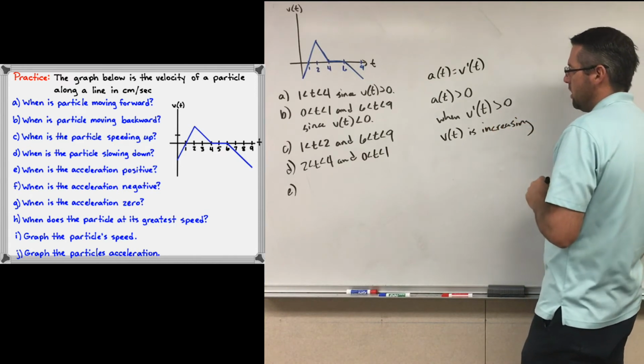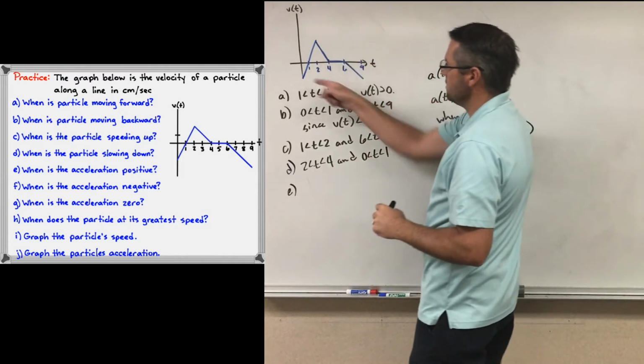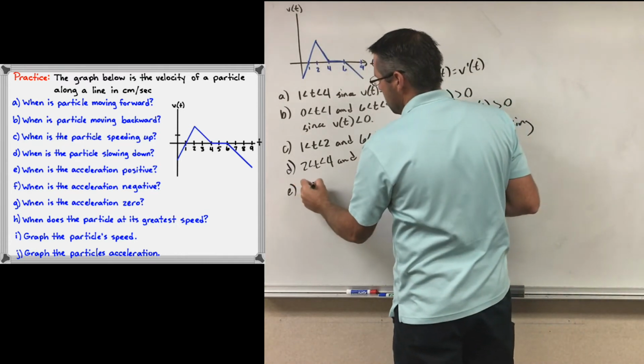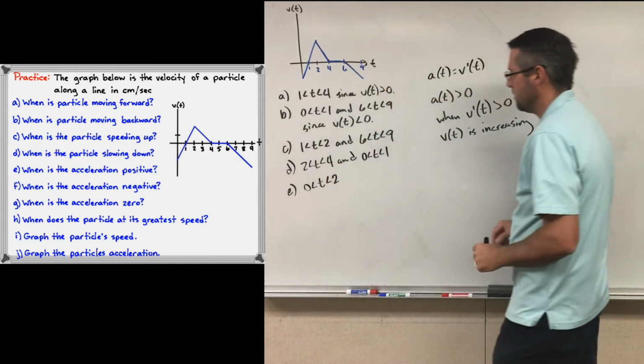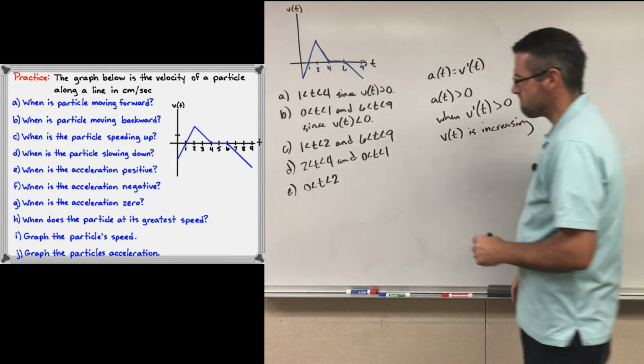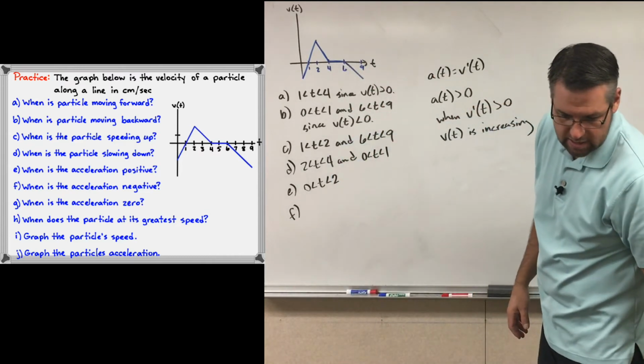So acceleration is positive when velocity is increasing. Velocity is increasing from 0 to 2, and there's your justification for that. All right, for F, when is the acceleration negative?